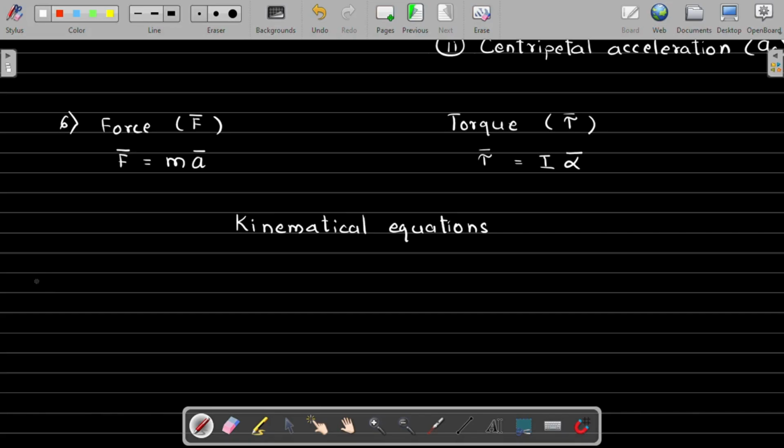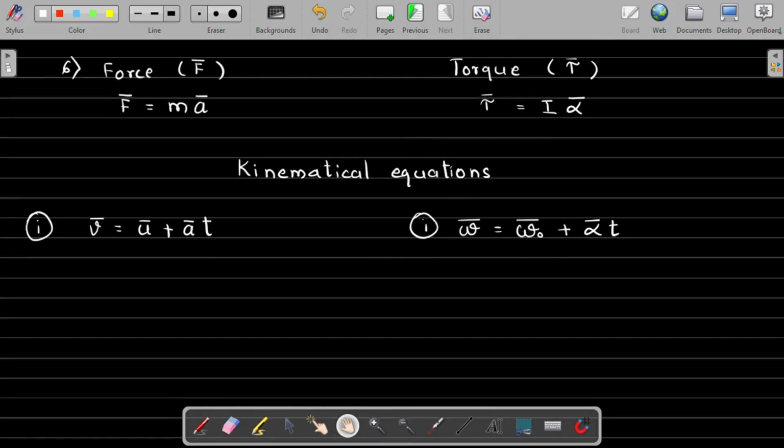So the first equation in linear motion we know is V bar is equal to U bar plus A bar T. The same thing in circular motion or rotational motion, we can figure it out as omega bar is equal to omega 0, which is the initial angular velocity, plus alpha bar t.